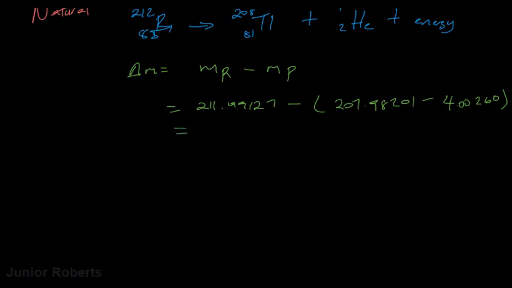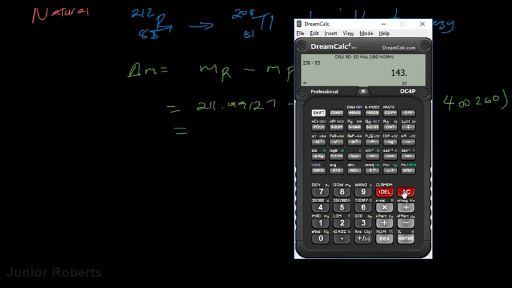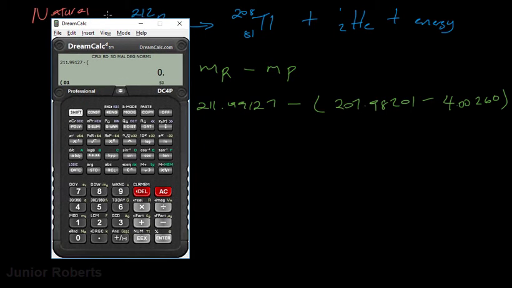So in this case now, we just simply do our calculation. We're going to grab our calculator and we say 211.99127 minus bracket 207.98201 minus, well, it should be plus, sorry, it should be plus right there, 4.00260, close bracket.